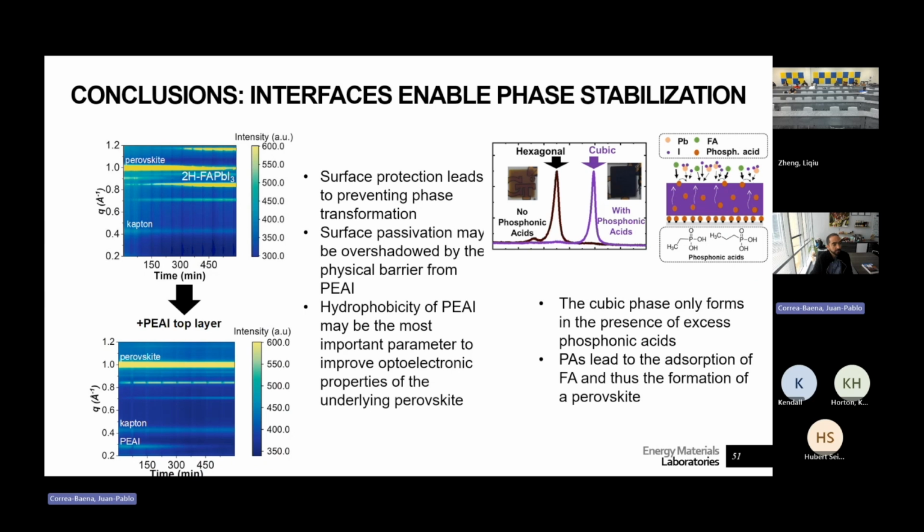Here, for example, we've seen that adding this organic molecule on the surface helps us prevent phase transformation, so more stable material. We've also seen that when we have these phosphonic acid molecules, we have the cubic phase, which is what we want. So we're able to control the structure of the material by modifying the interfaces.